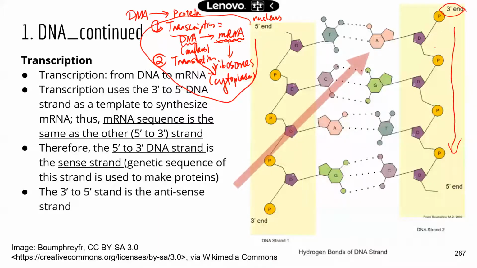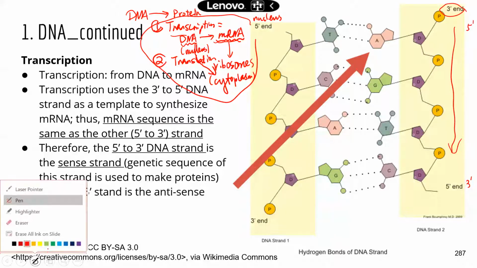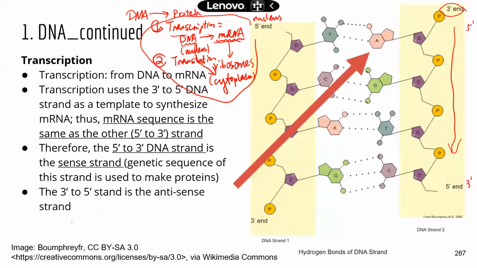So if this is an A, then the mRNA, which goes from 5 to 3, because the 2 strands have to go anti-parallel, whether it's 2 DNA strands or 1 DNA, 1 RNA strand. So I'm going to use a different color to indicate mRNA. The first mRNA nucleotide is going to pair up with the A, the adenine nucleotide in DNA, right?